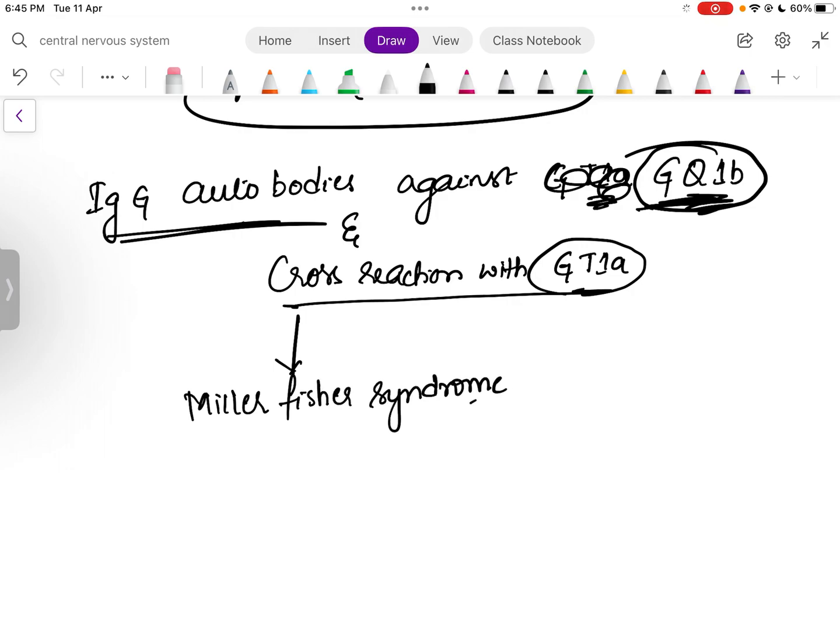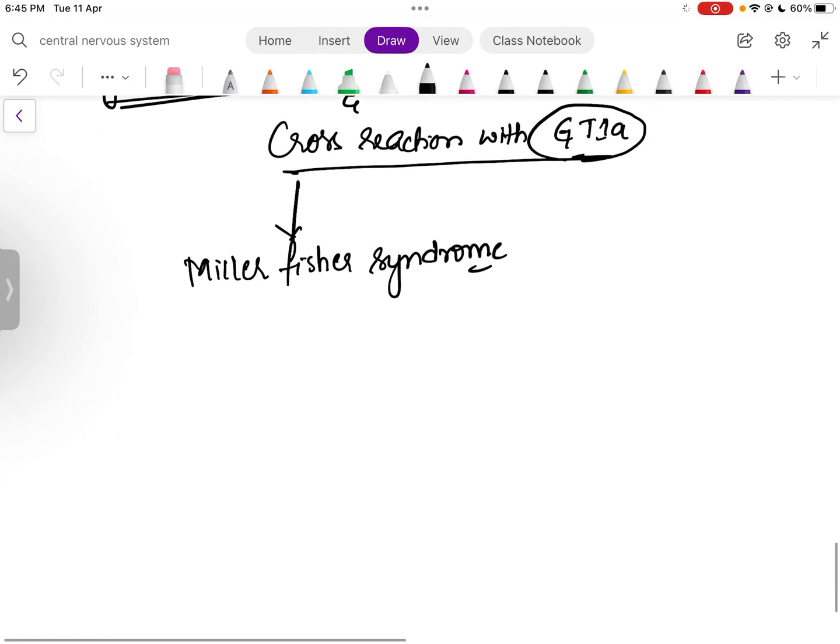That is, autoantibodies to GQ1B will cause Miller-Fisher syndrome.